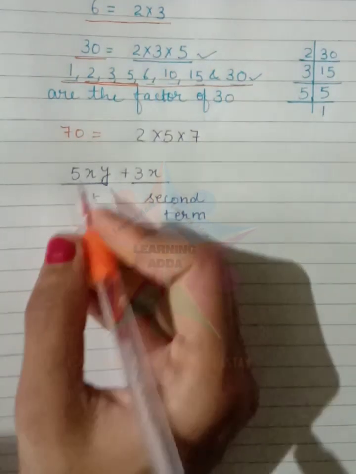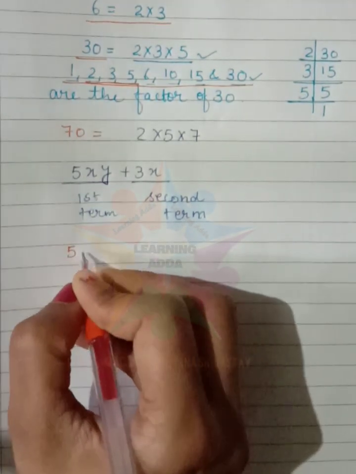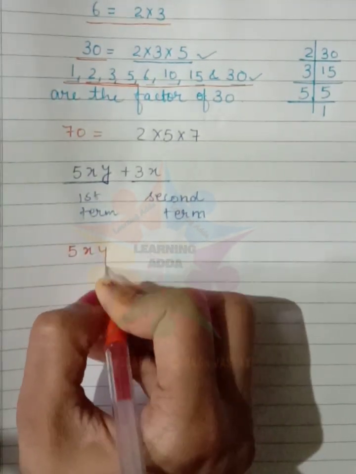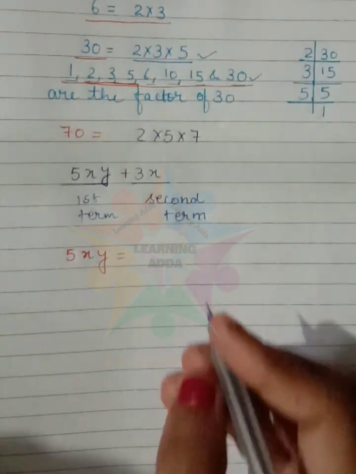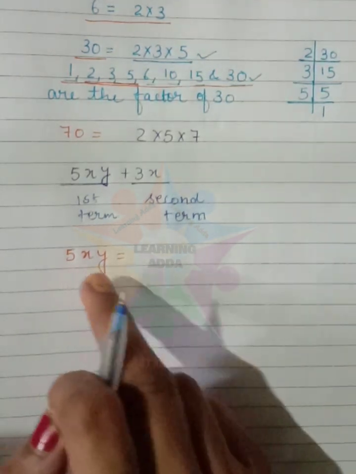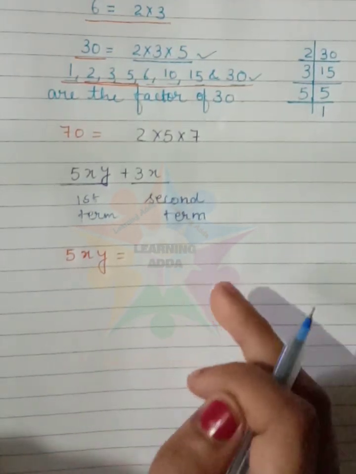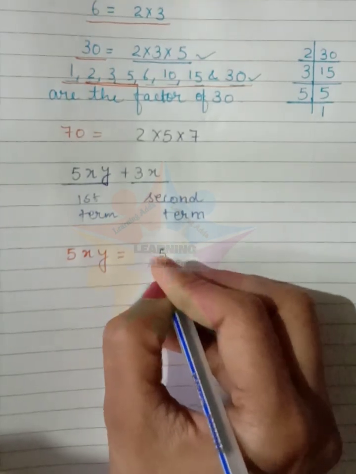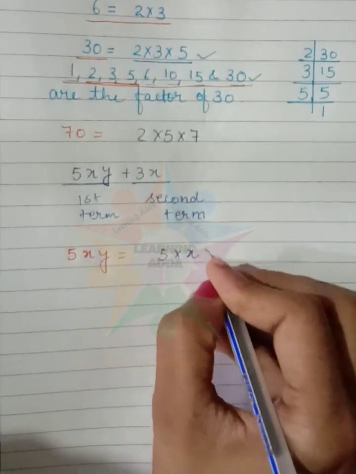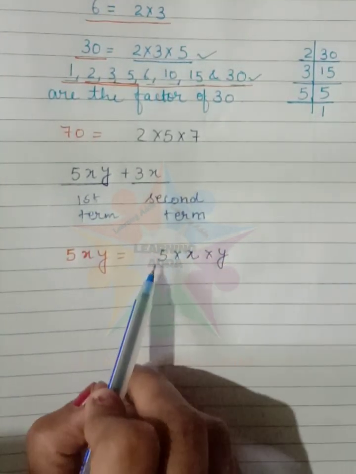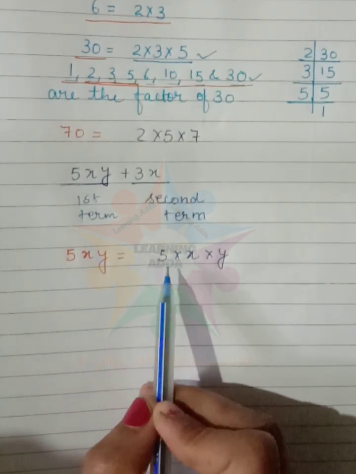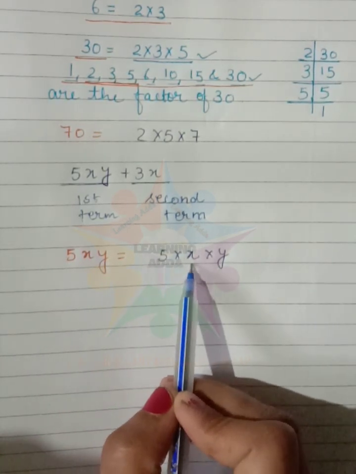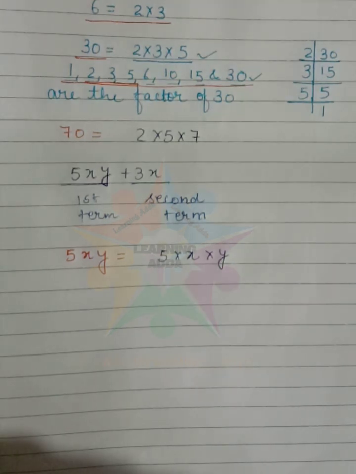We take one term, means first term 5xy. 5xy has been formed by the factors 5, x and y, means a product of factors. 5xy is a product of 5 and x and y.